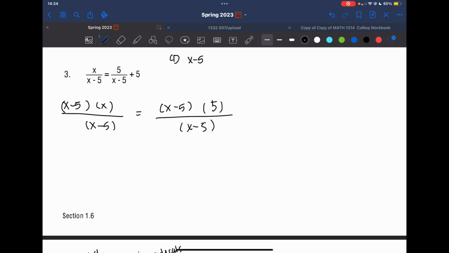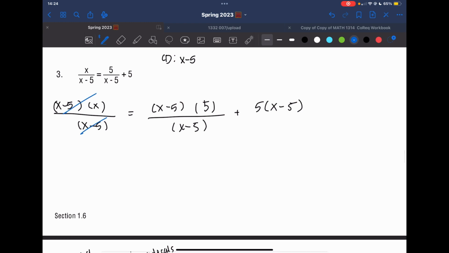You're distributing the common denominator to each term. So then we eliminate. And then we're going to be left with x equals 5 plus 5x minus 25.